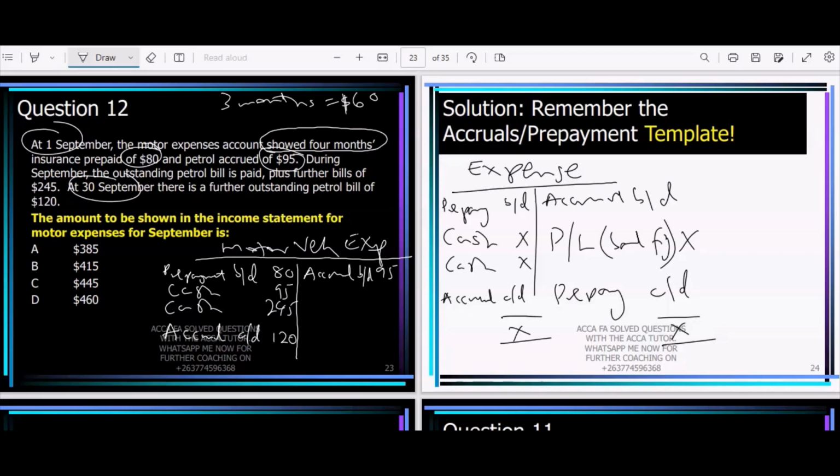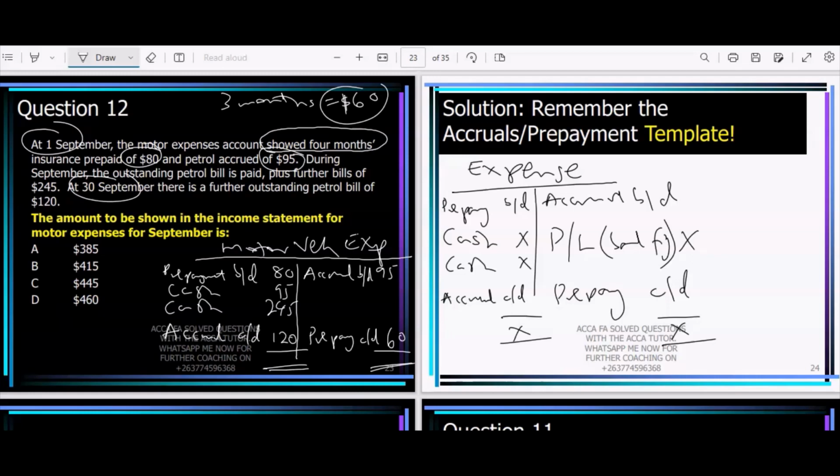Just follow the template and you are not going to be lost. Then we have identified that there is a prepayment CD of $60. Then you total up your account.